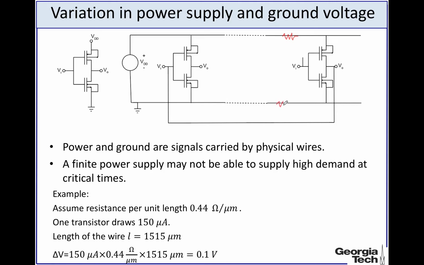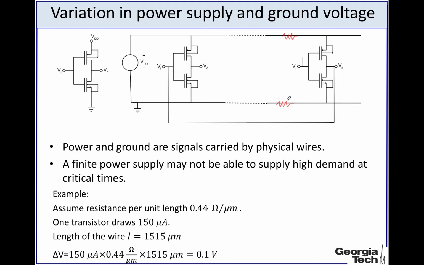So there is a resistance in this wire, in the power supply line and the ground line. There is a similar resistance for this inverter here, but because the length is small, the resistance of these two lines is much smaller than the resistance of the line that carries power from the power supply voltage to the inverter that is further away.